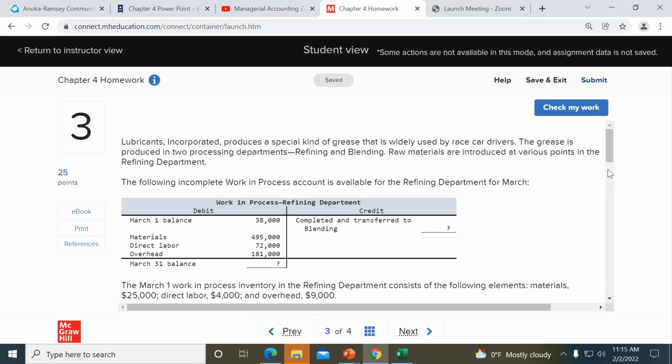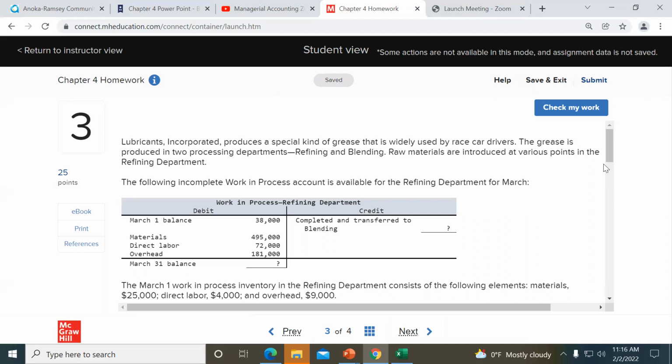Lubricants Incorporated produces a special kind of grease that is widely used by race car drivers. The grease is produced in 2 processing departments, refining and blending. Raw materials are introduced at various points in the refining department.